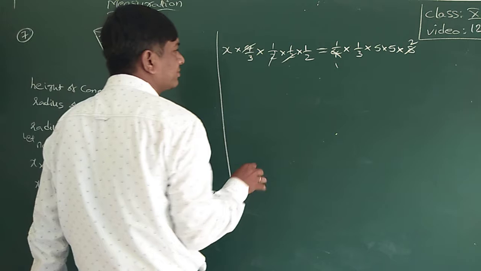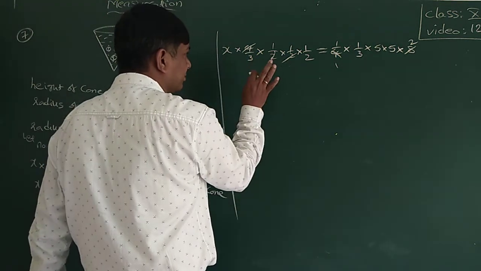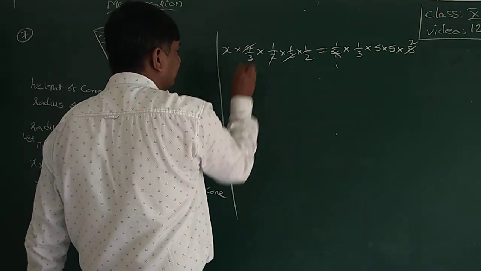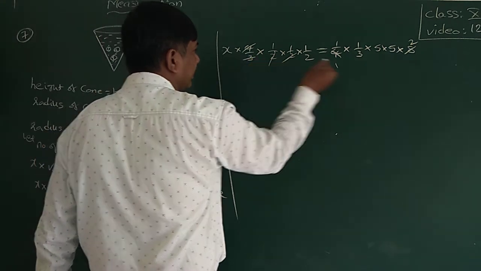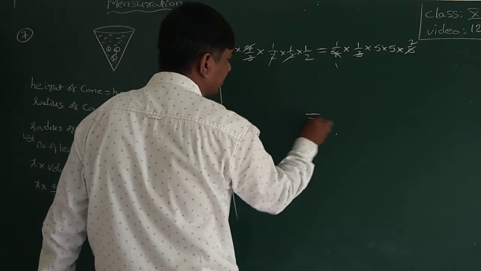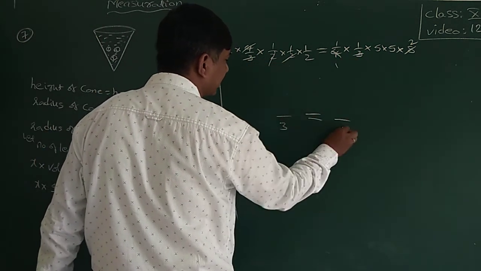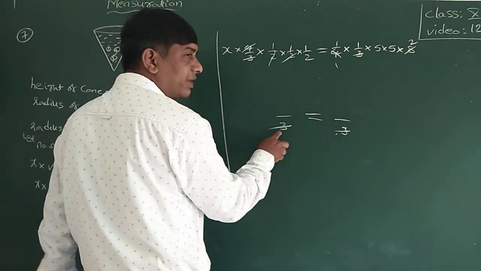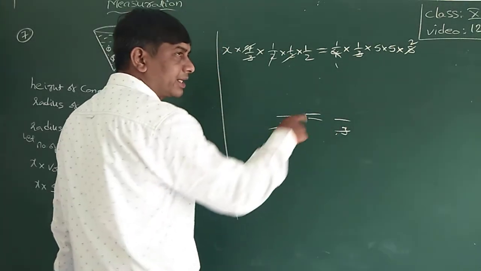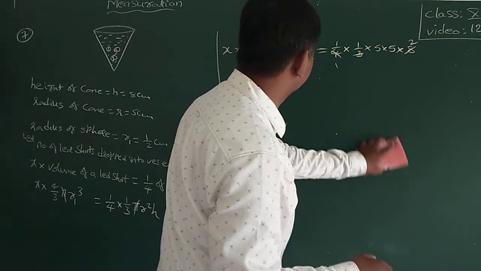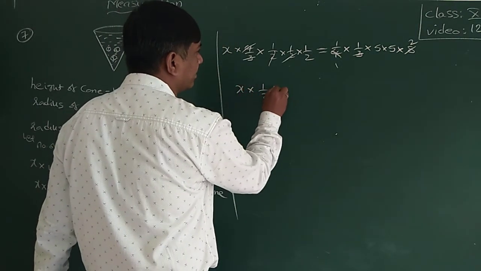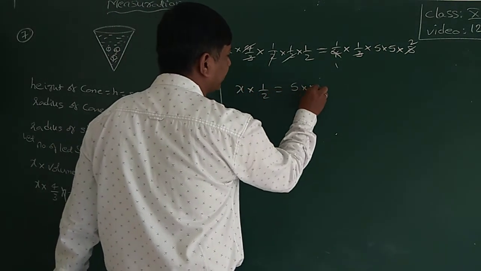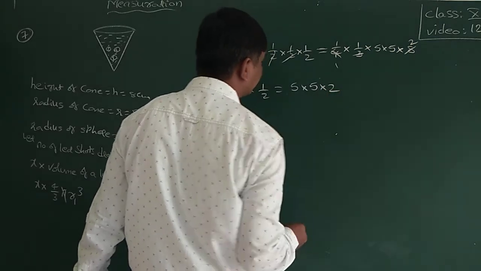If you are confused, no issue. This 3 cancel. Either sides denominators are there, no? This you can cancel, because when you transpose this denominator to this side, it comes in numerator place. So x into 1 by 2 is equal to 5 into 5 into 2.